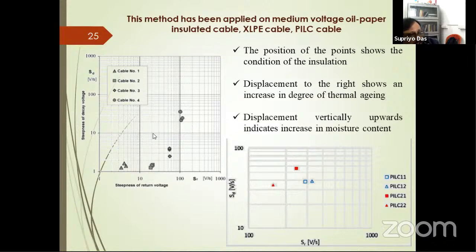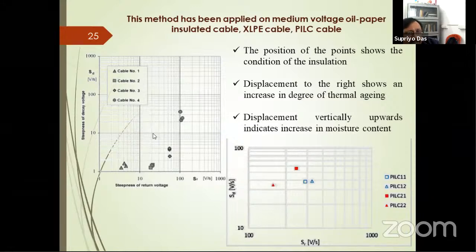Also in the horizontal direction, cable 4 is more thermally aged compared to cable 1, 2 or 3. So in this way, we can identify the aging of cables and assess them.